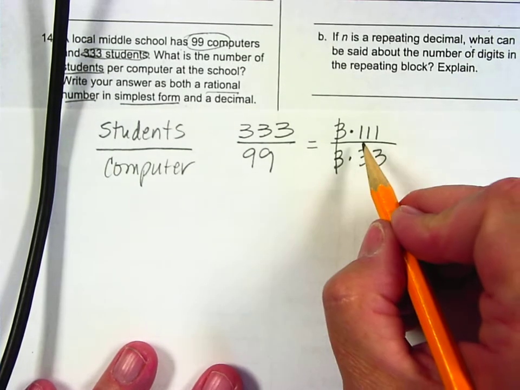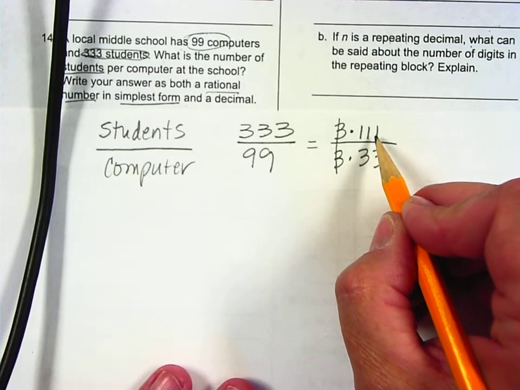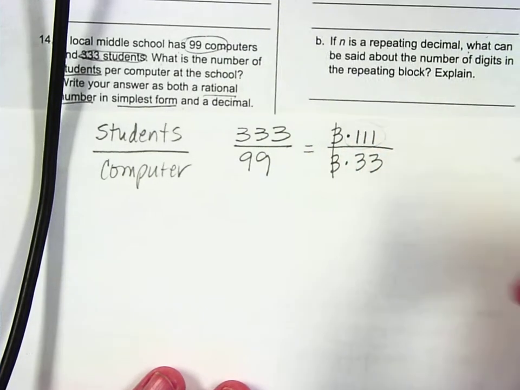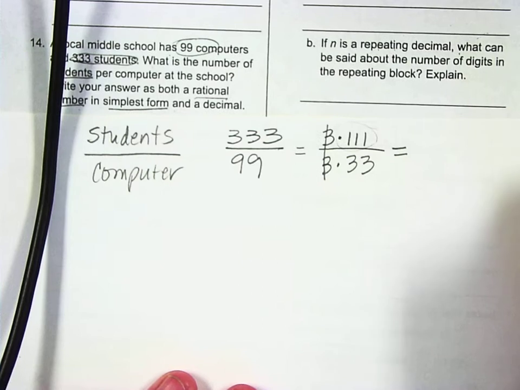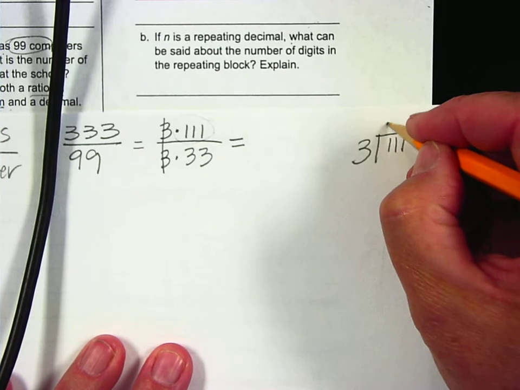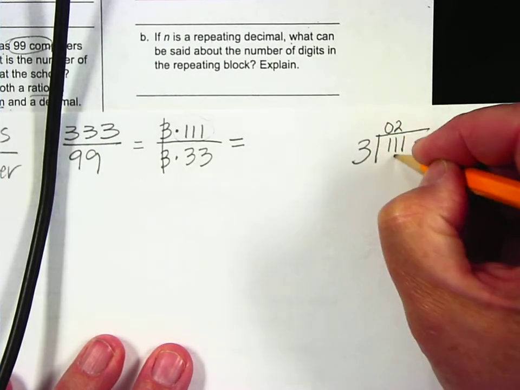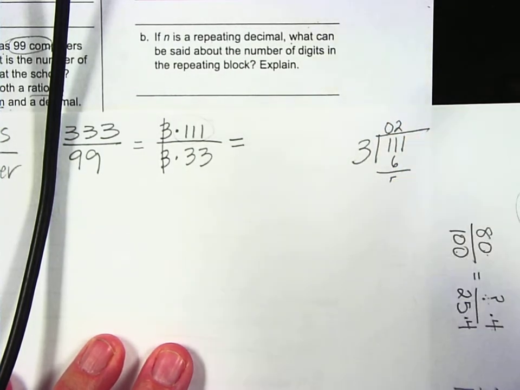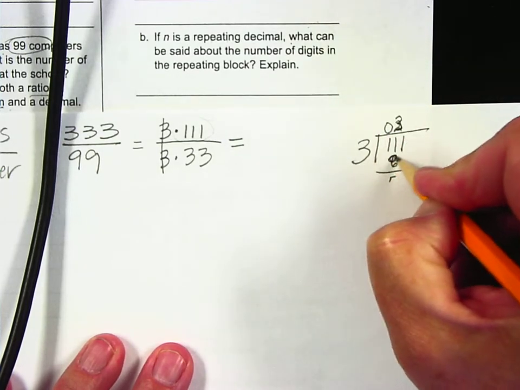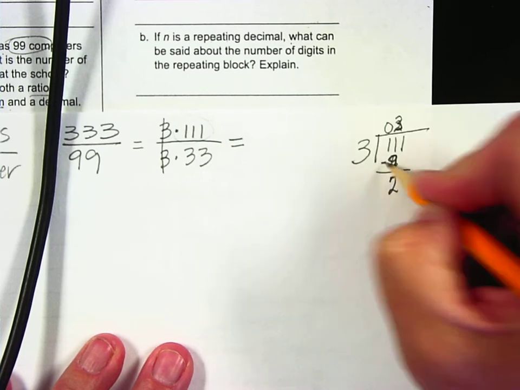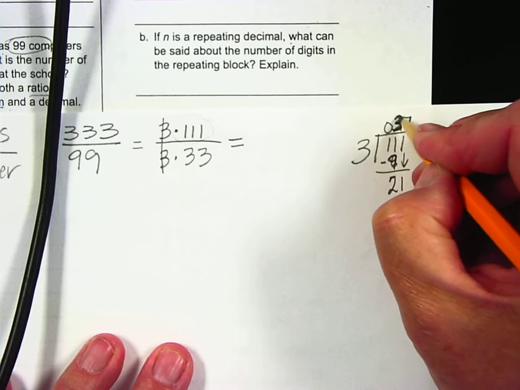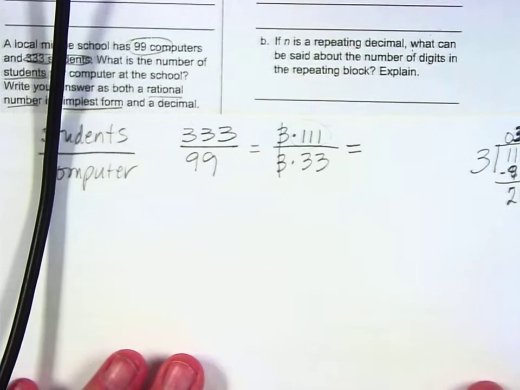Now I know that 1 plus 1 plus 1 is 3, and 3 is divisible by 3, so that means this number is also divisible by 3. So if I take 111 and divide it by 3, I get 37.